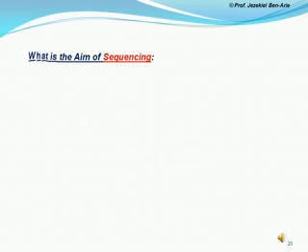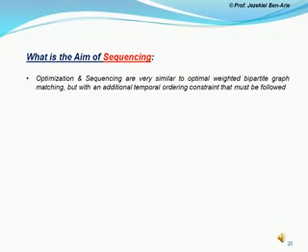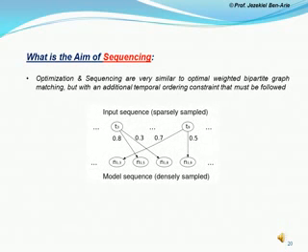Here we want to discuss sequencing, which is a basic part of our approach. Optimization and sequencing are very similar to optimal weighted bipartite graph matching, but with an additional temporal ordering constraint that must be followed.